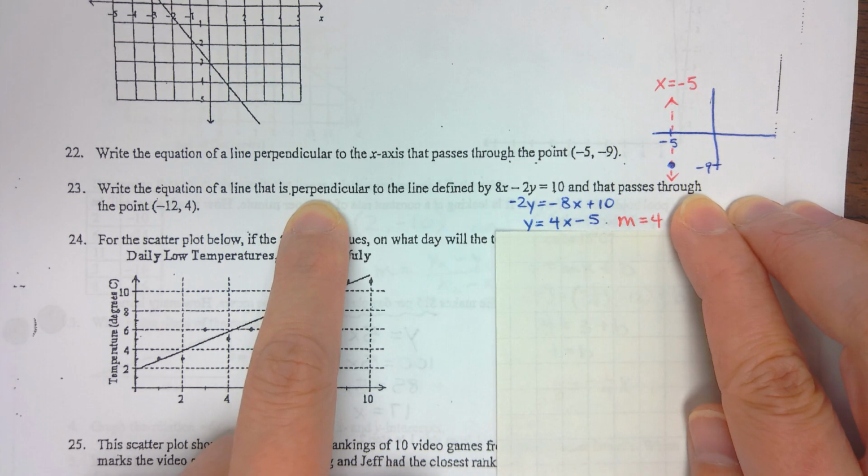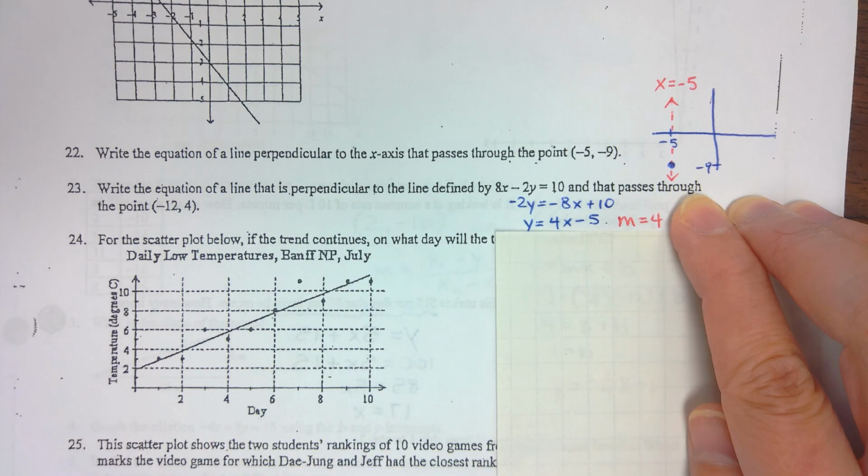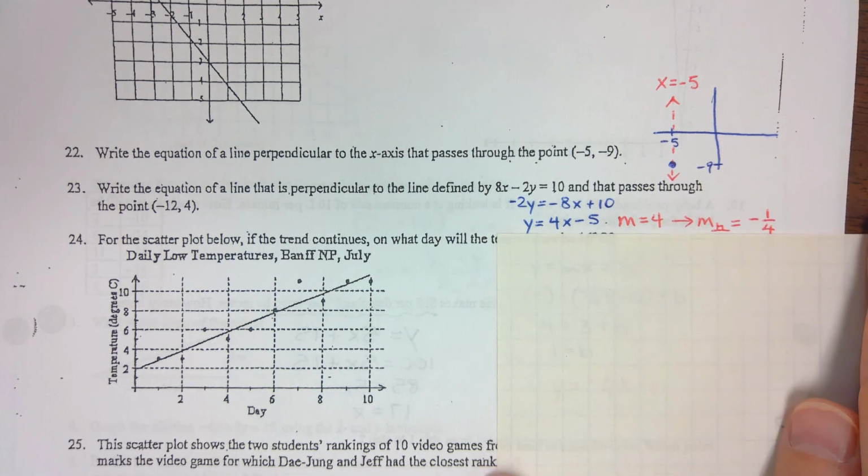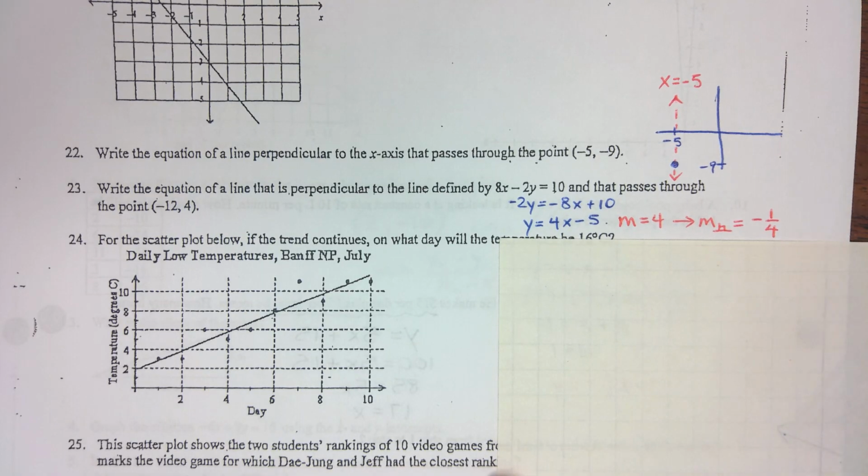Remember negative reciprocal. Right? Negative a quarter, right? But don't forget the negative as well, because it's negative reciprocal. Good.